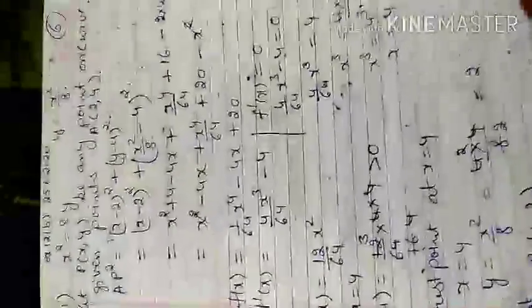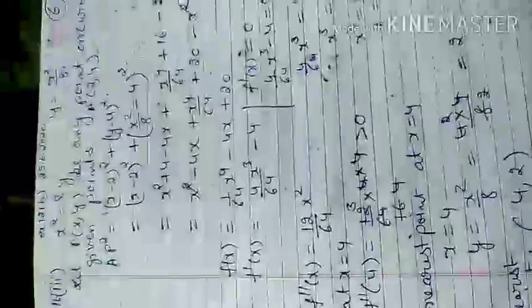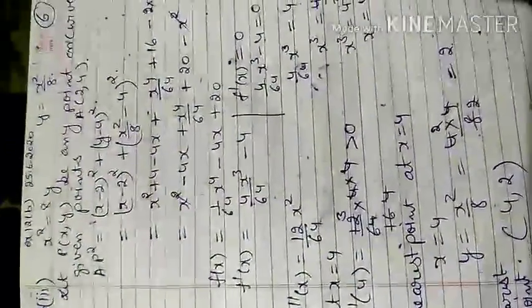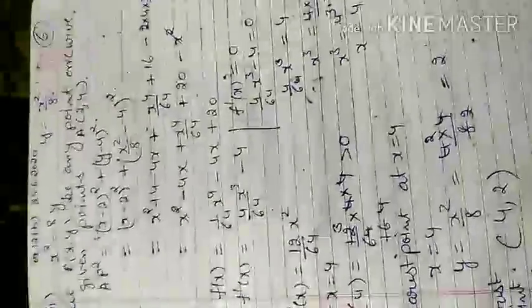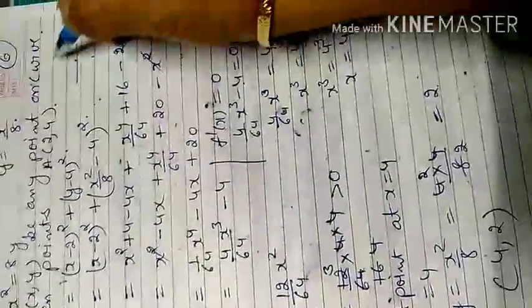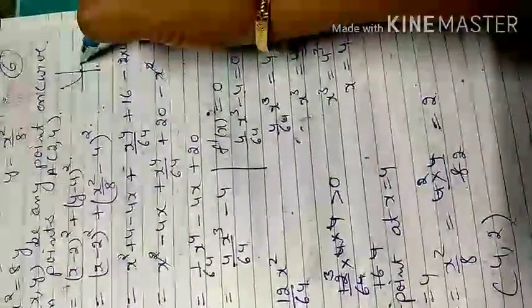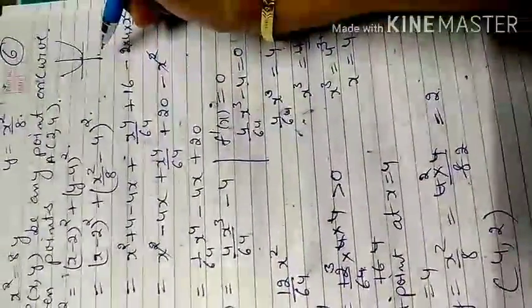Now question 16, third part. Now the curve is changed. Instead of a right-handed parabola, now we have an upward parabola. In an upward parabola, if any point lies on the plane, like 2 comma 4, like here, if this is your upward parabola, this is the shape of an upward parabola.